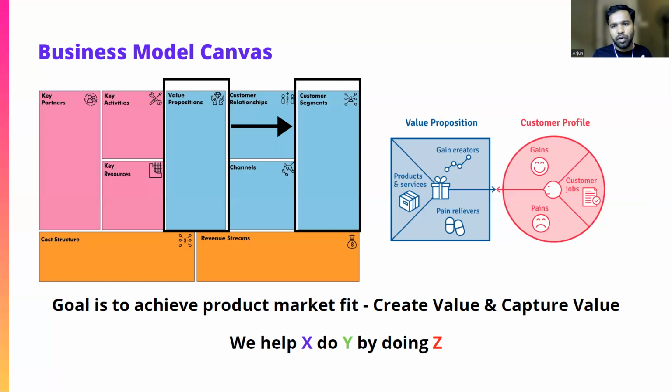Similarly, when you come up with a product, you need to define what sort of gain you are giving to your customer, and what sort of pain you are relieving from the customer. For that, you need to have a customer profile. This is where you need to really understand who your customer is, and what their expectations and preferences are, what things they consider as gains, what pains they are facing, and what jobs they are trying to do in their day-to-day life or in their work life.